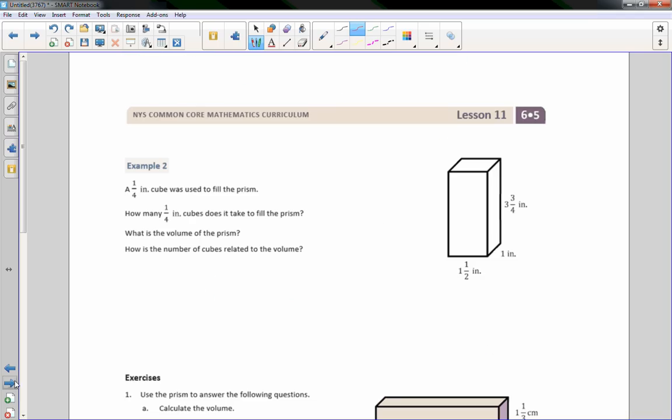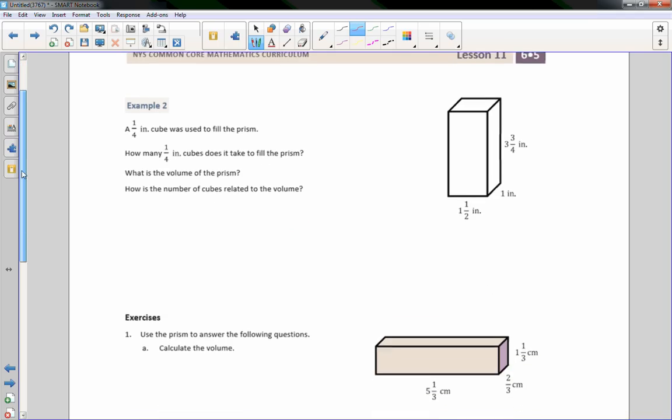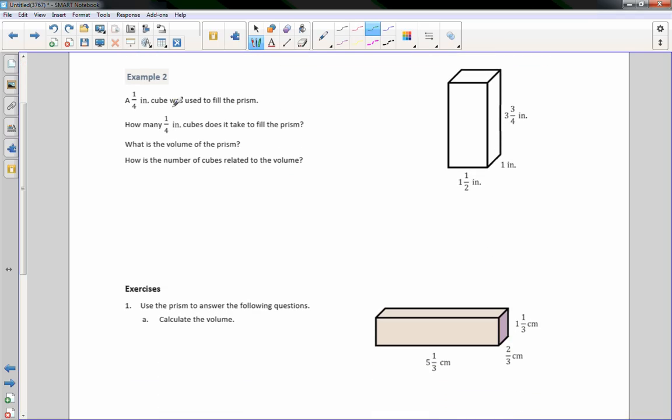Pretty crazy stuff. Okay, example 2. A 1/4 inch cube was used to fill the prism. How many 1/4 inch cubes does it take to fill the prism? Now, if we think about that, if this is 1 by 1, and I only go over a quarter, a quarter, a quarter, a quarter, half, quarter.